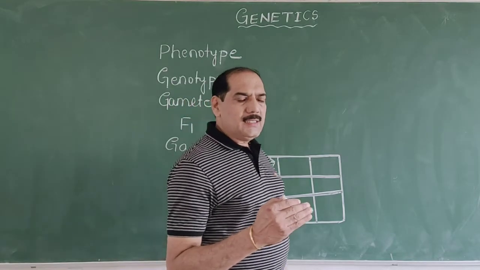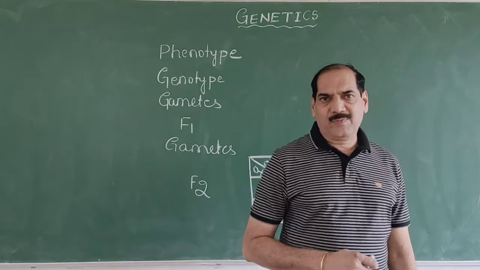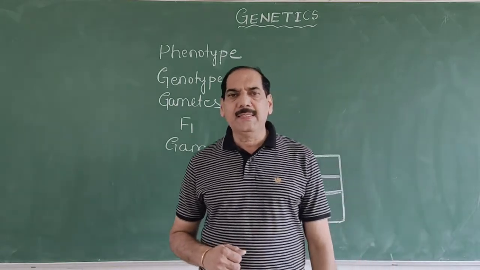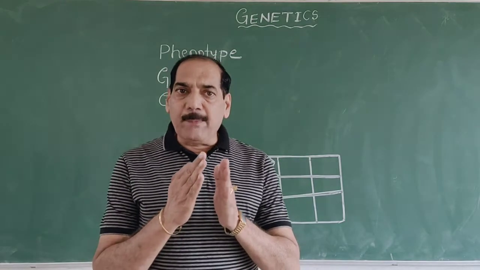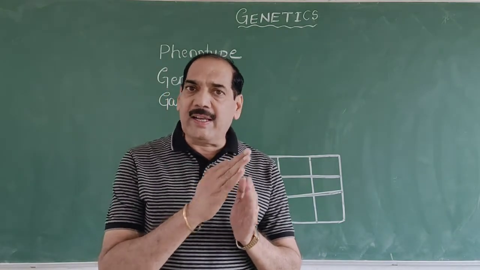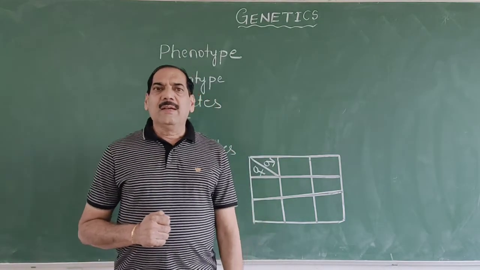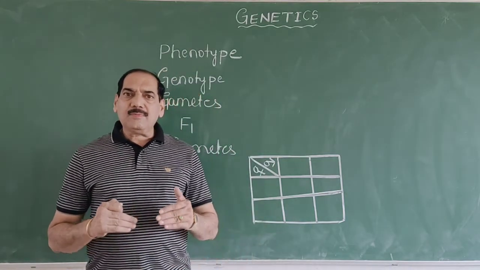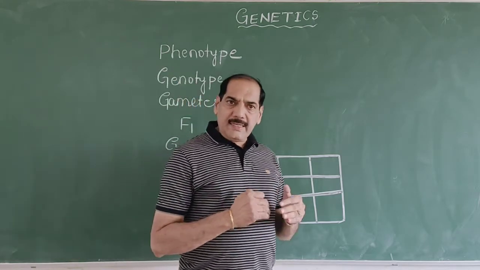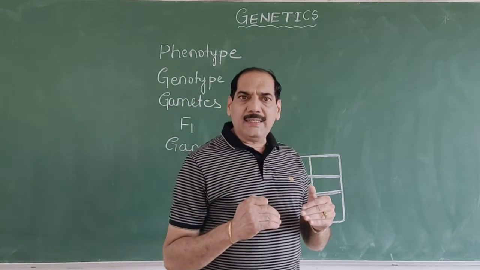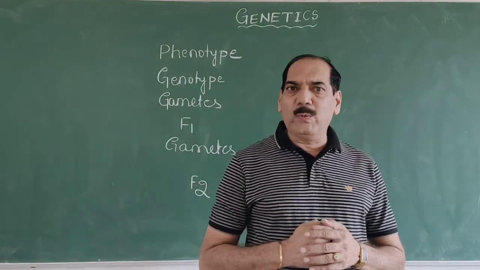Pea plant shows so many varieties. Pea plant produces bisexual flowers that help in self-pollination. And that pea plant can be cultivated at any time, anywhere in the world.